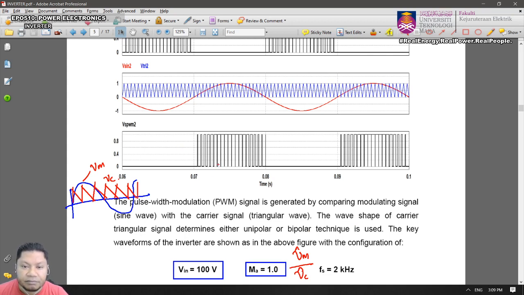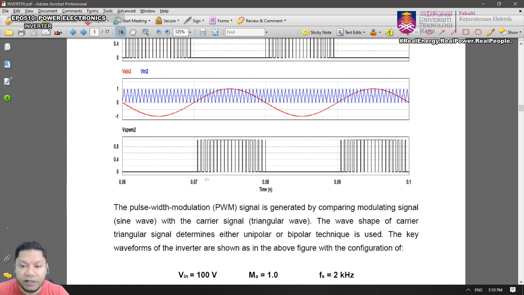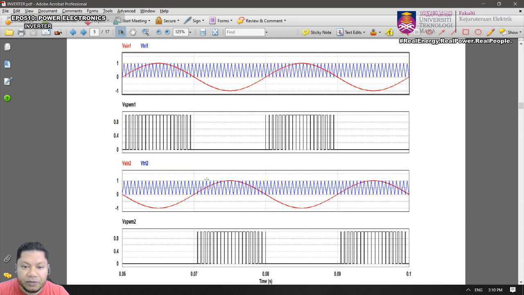So in this case, the modulation index is 1 because you can see that V peak M equals V peak C, isn't it? So that's why the modulation index is 1. And the switching frequency will be 2 kilohertz, and your modulating signal will be 50 hertz as usual.